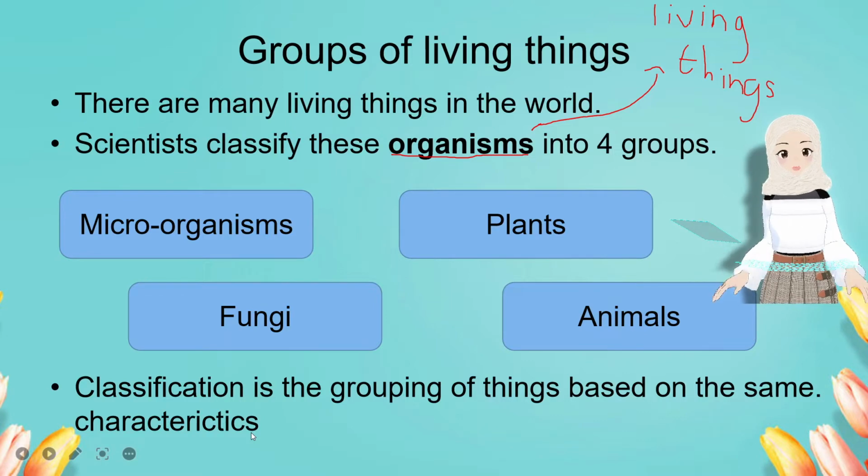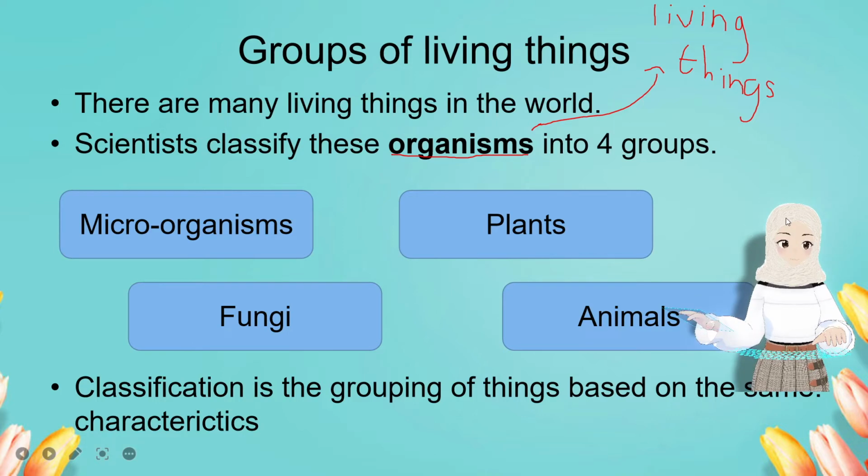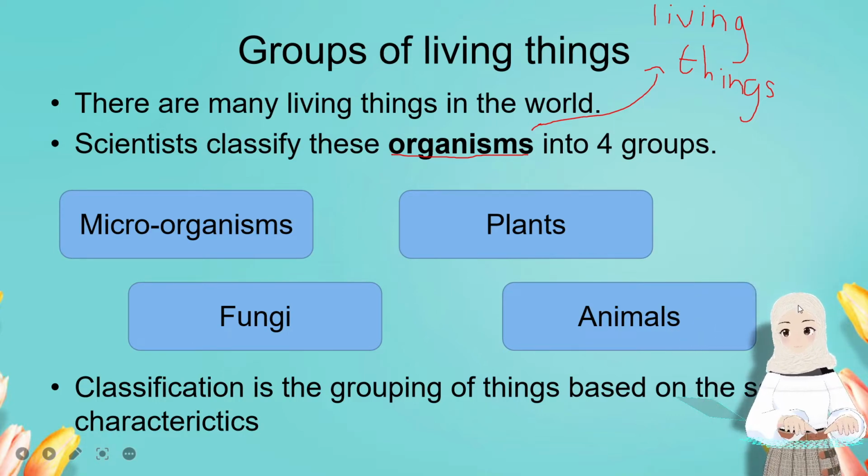So for example, in your class, we can classify you by boys or girls. Boys in the class wear songkok. Girls in the class wear tudong. So artinya kami boleh classify by who you are atau what you wear. Catat. Okay, let's move on.